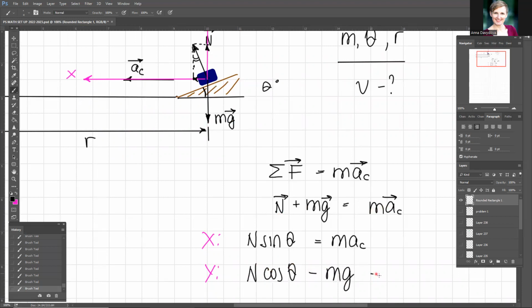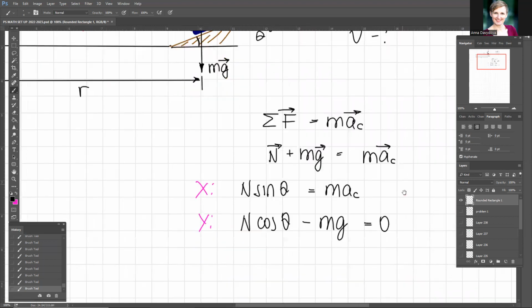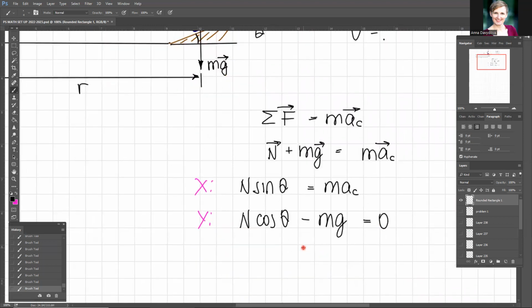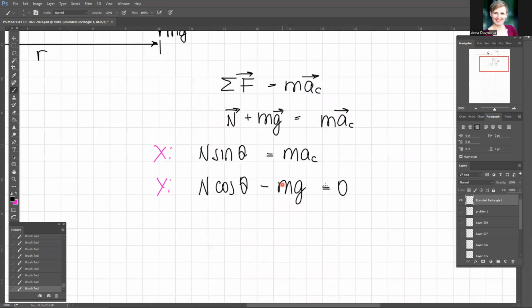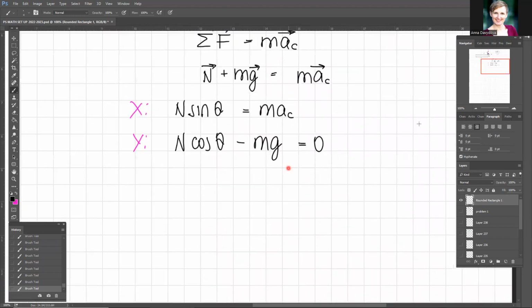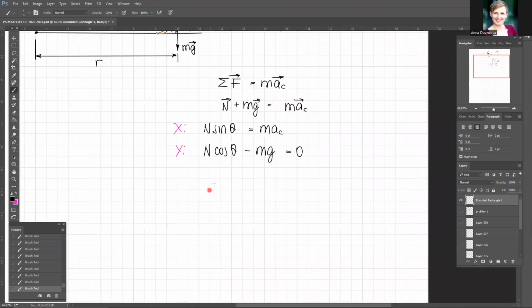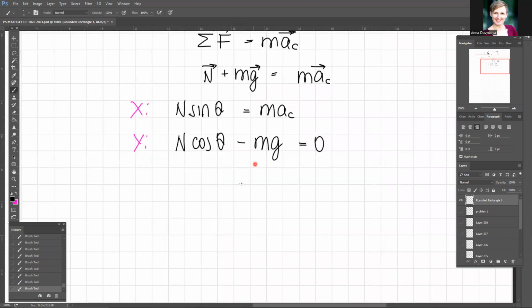And AC does not produce anything. It's a 0. So let me rewrite the second one. The first one will stay as is: N sine theta equals MAC. The second one will be N cos theta equals Mg.